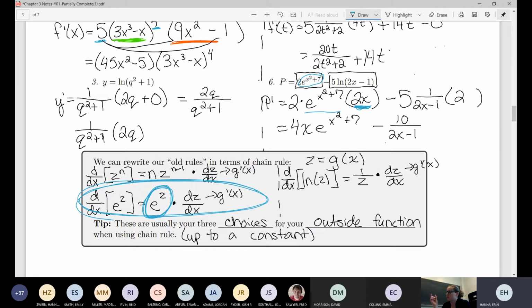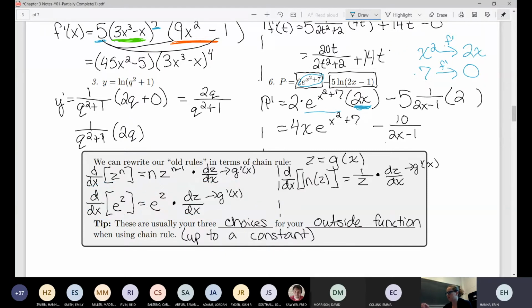So what's the derivative of x squared plus 7? Well, the derivative of x squared is 2x. And what's the derivative of 7? The derivative of 7 is 0. So my derivative of x squared plus 7 would be 2x plus 0, or just 2x. So I just wrote the 2x piece of it. That comes from our chain rule, where it tells us that we have to take the derivative of the inside.